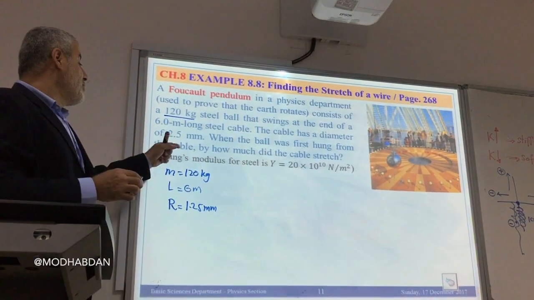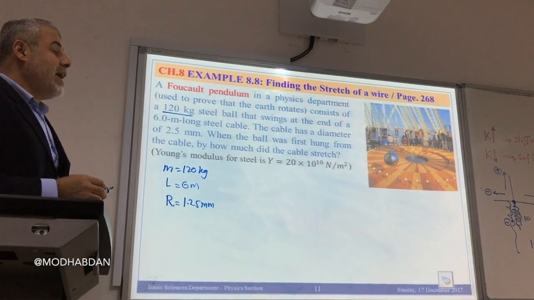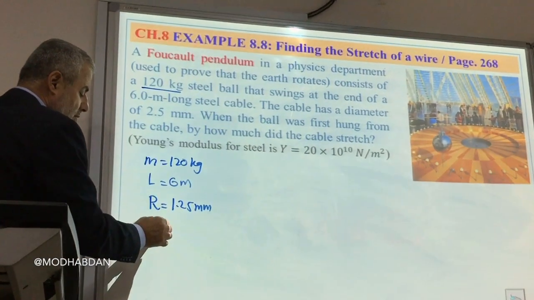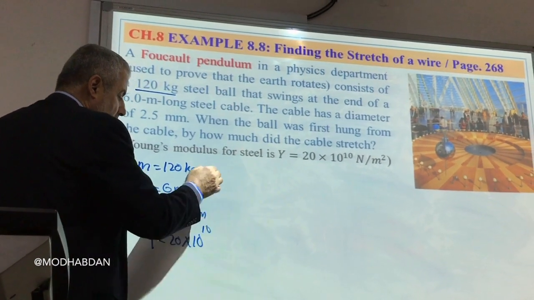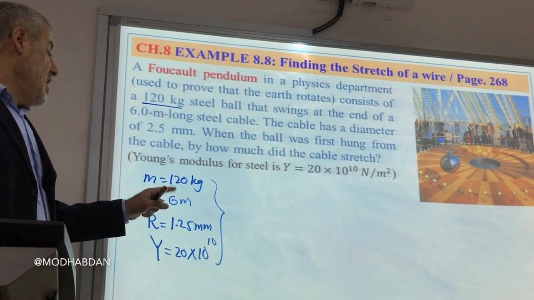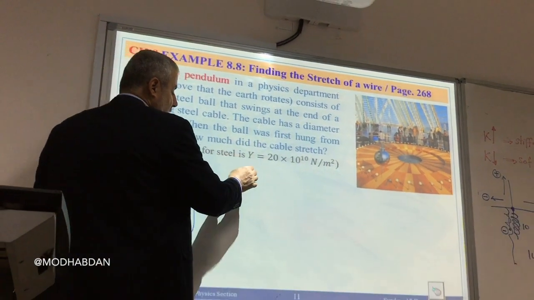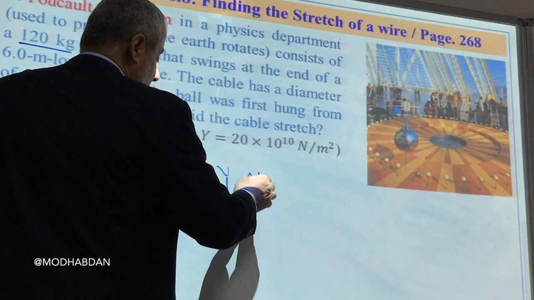Because you need it now. When the ball was first hung from the cable, how much did the cable stretch? And Young's modulus is given also. This is a good question, 10 to the power 10. Okay. We need only to convert this one. Now, if we write the formula, F over A is equal to Y delta L over L.